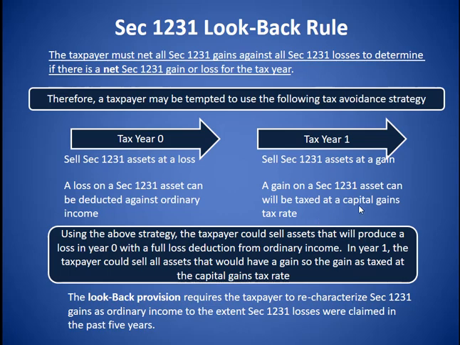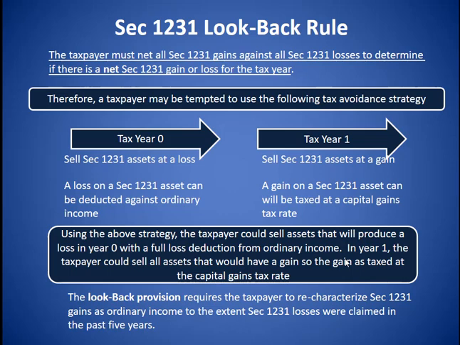So again, using the above strategy, the taxpayer could sell assets that will produce a loss in year 0 with the full loss deduction from ordinary income. In year 1, the taxpayer could sell all Section 1231 assets that would have a gain, so the gain would be taxed at the favorable capital gains tax rate.